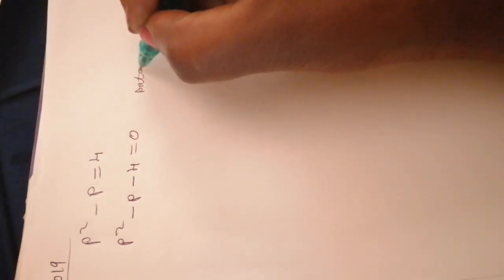The data we have is that a, the coefficient of p squared, is 1. Coefficient of p is negative 1. Then constant c is negative 4. Okay, so using paper 2, we use the quadratic formula, which is x is equal to negative b plus or minus square root of b squared minus 4ac, everything over 2a.